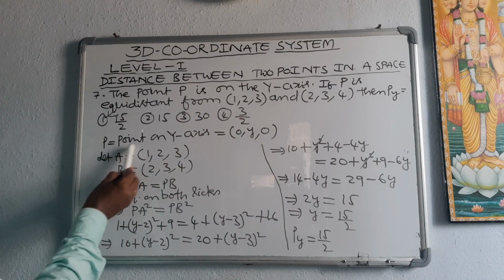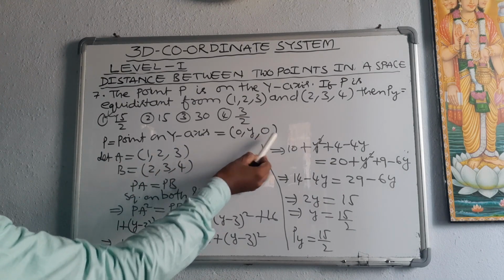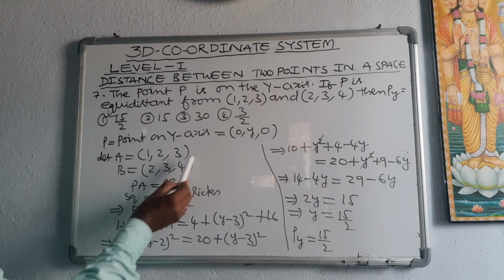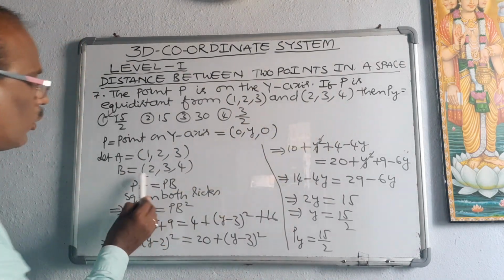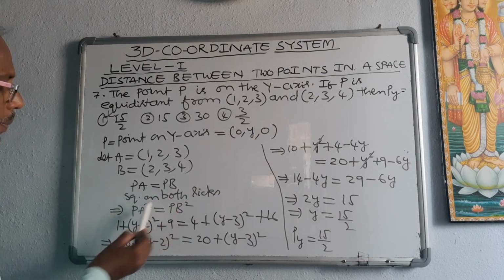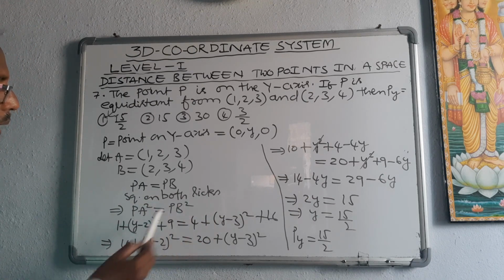In a problem, P equal to point on y-axis. The coordinates are 0, y, 0. Let it be first point A equal to 1, 2, 3. Second point B equal to 2, 3, 4. Here given condition is PA equal to PB, squaring on both sides. PA square equal to PB square.